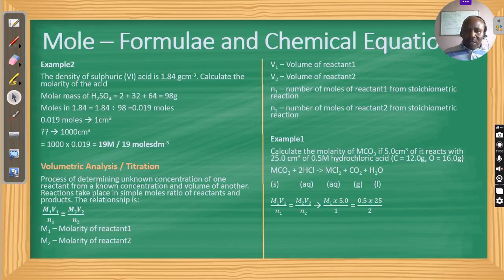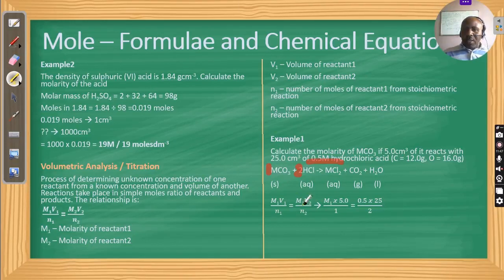So you can calculate using our formula of M1V1 over n1 is equal to M2V2 over n2. M1 we don't know because that's what we are looking for, the molarity of MCO3. So M1 times 5 divided by 1 is equal to 0.5 times 25 over 2. Remember, we are told that 0.5 is the molarity of hydrochloric acid, and we are using 25 cm³, and we have seen from our equation that 1 MCO3 is reacting with 2 HCl.